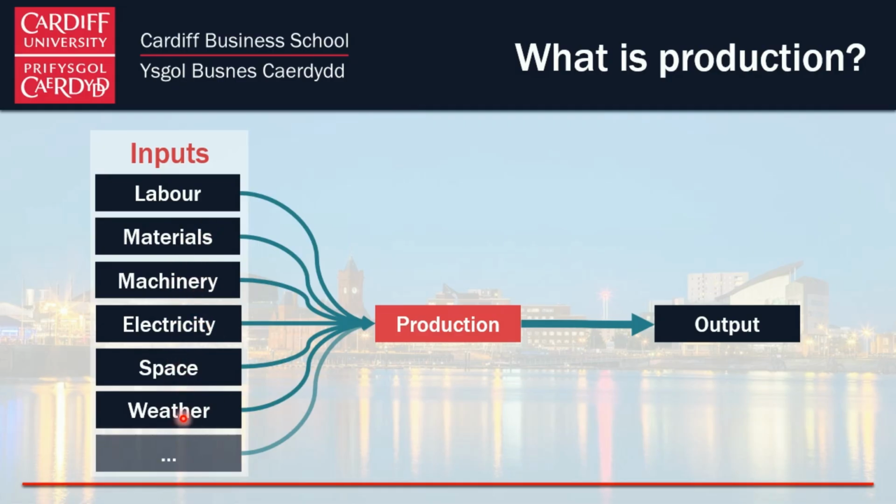You can include other things like computers, software, technology, and so forth. And they go into a production process like a black box or a red box, as it is in here, and then out comes the output, the good and the service that you're producing. So this roughly is the shape that we have when we think about a production process. This is going to be a production function. The production function is going to accept these inputs as ingredients, and the result is going to be the output.